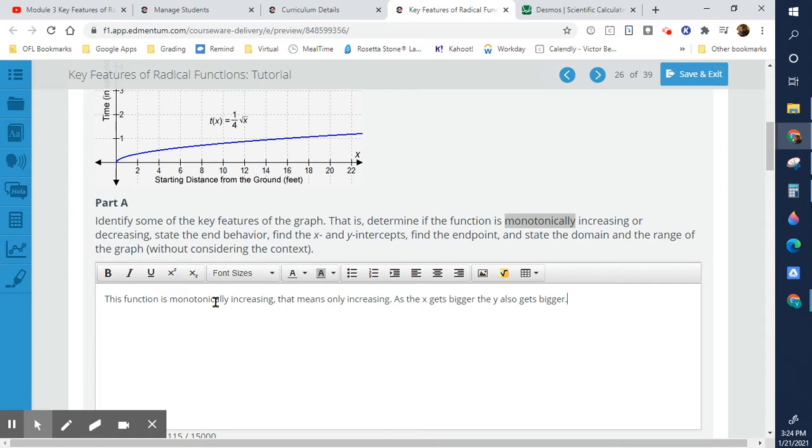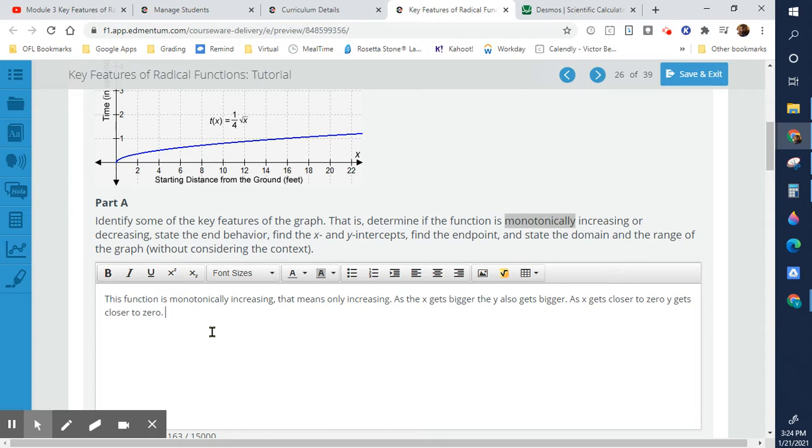So going as x gets closer to 0, because that's the only thing we can do as it gets closer to 0, it never gets past 0. So we're going to say as x gets closer to 0, y gets closer to 0 until eventually, if we get there.